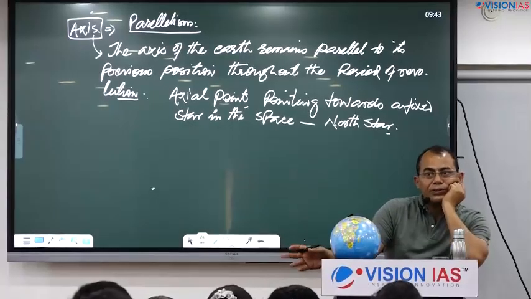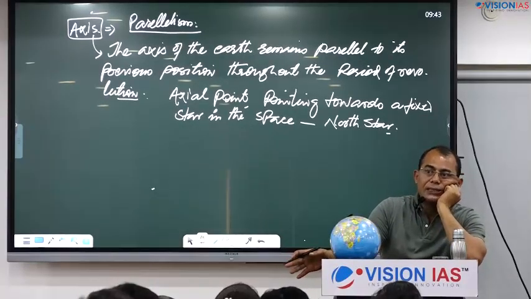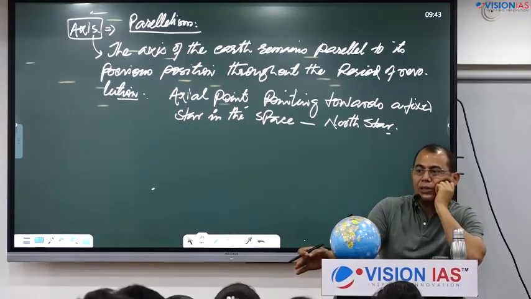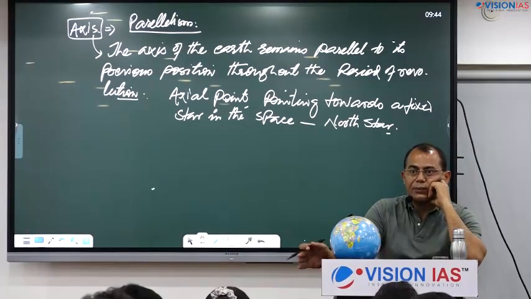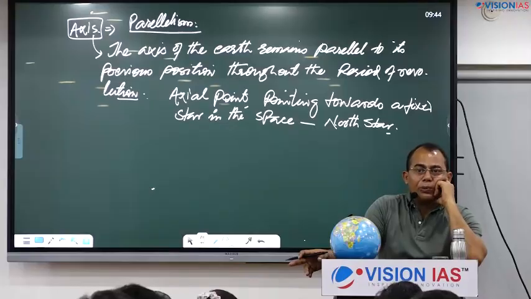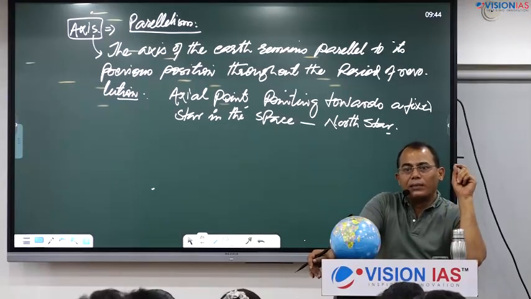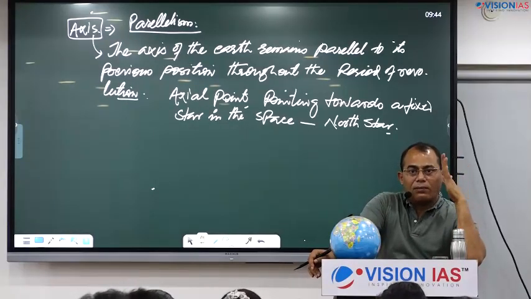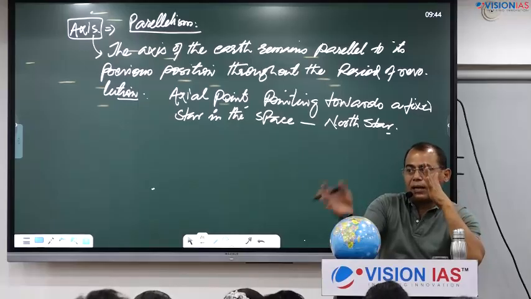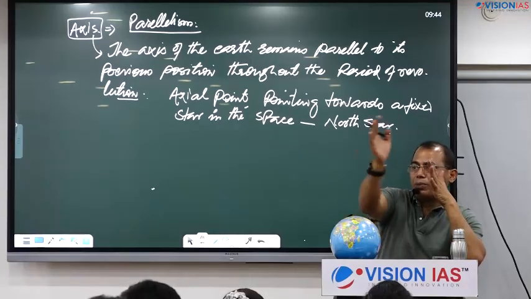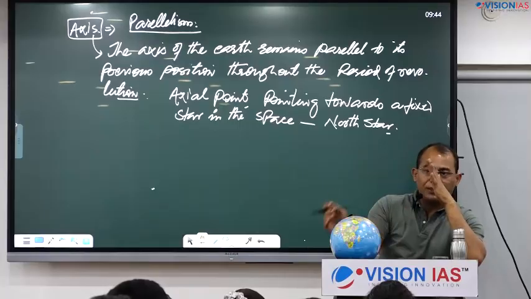Then we started rotation. What is rotation? A spinning of the Earth on its own axis. We tried to learn two properties of the axis. One is parallelism, when the axis of the Earth remains parallel to its previous position throughout its revolution.